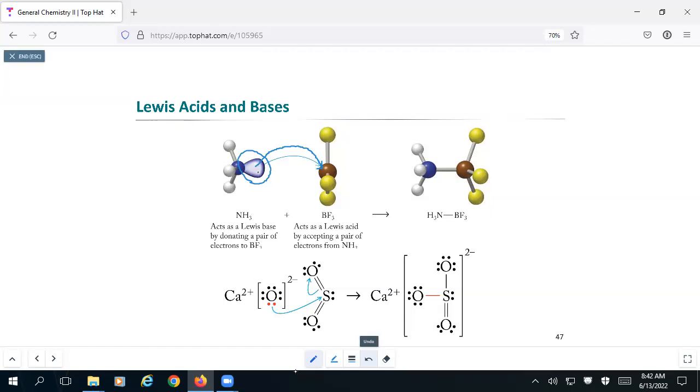We see, through the movement of the electrons on that oxygen, the creation of a basic behavior. Calcium oxide encountering sulfur dioxide, making calcium sulfite. The behaviors here are actually acid-base. They fit under a wider umbrella of acid-base chemistry.